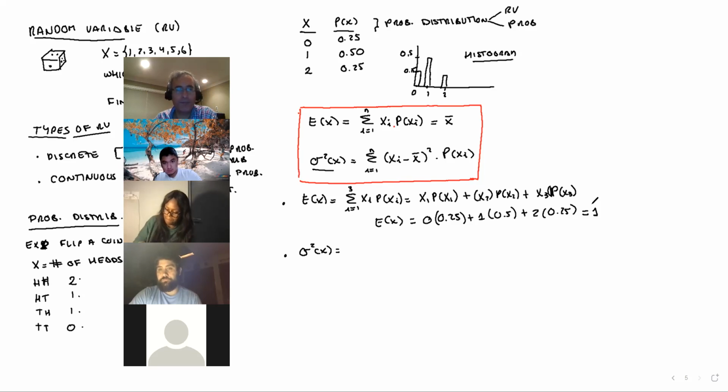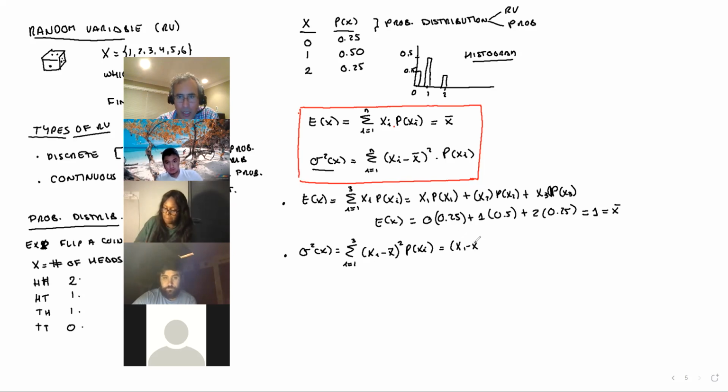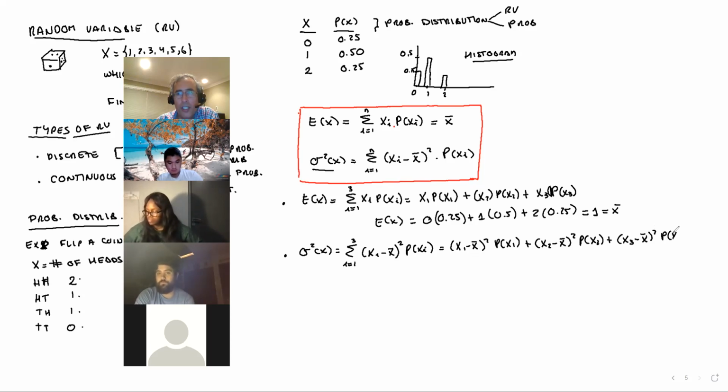Ready, guys? So we do the same formula. This simply is the sum from i equals 1 to 3 of (xi minus x bar) squared times p of xi. By the way, this is x bar, just a simplification. So the first term is (x1 minus x bar) squared times p of x1, plus (x2 minus x bar) squared times p of x2, plus (x3 minus x bar) squared times p of x3, correct?